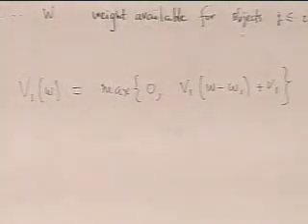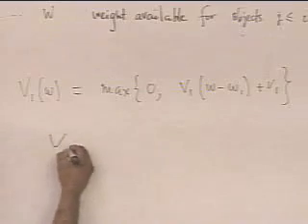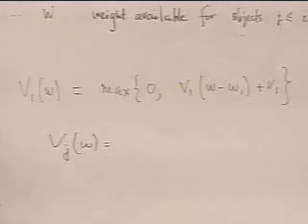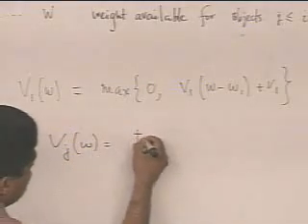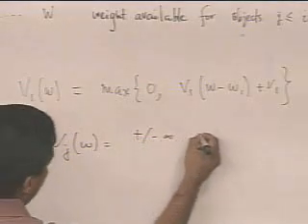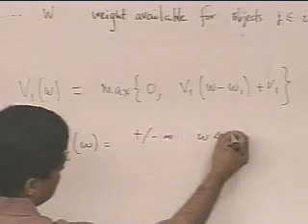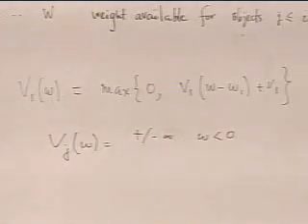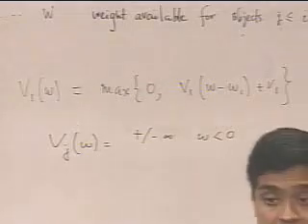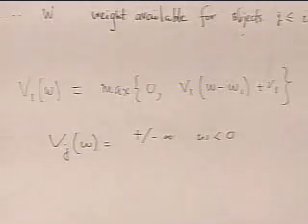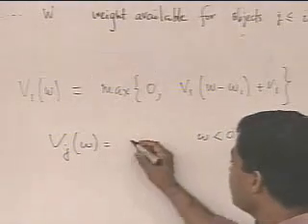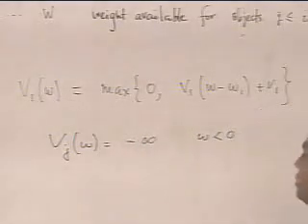And we'll use a convention, which is that Vj of W is equal to, I have to put a convention of either plus infinity or minus infinity for W less than 0. So what will be the convention that I'm going to use here in order for this recursion to make sense? Minus infinity. I'm just going to assume, just so that the boundary conditions are taken care of, that V1 of W is equal to minus infinity for all negative W's.